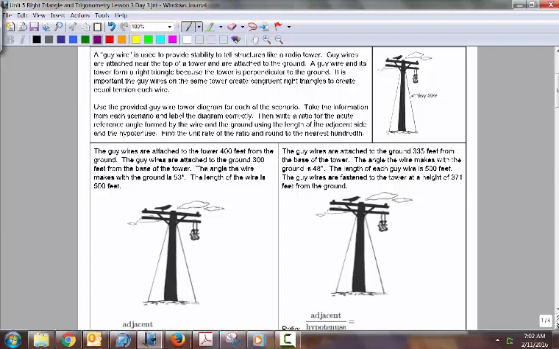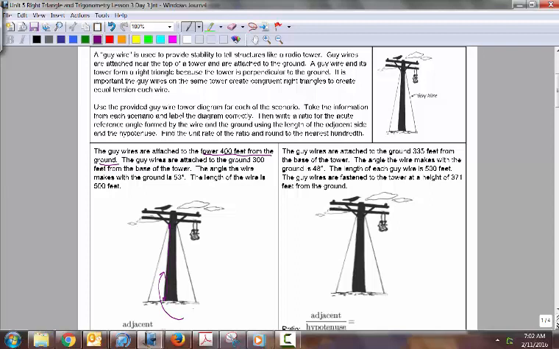We've got a couple of models here. I want to label this drawing that they've given to me based on the scenario here. It says the guy wires are attached to the tower 400 feet from the ground.